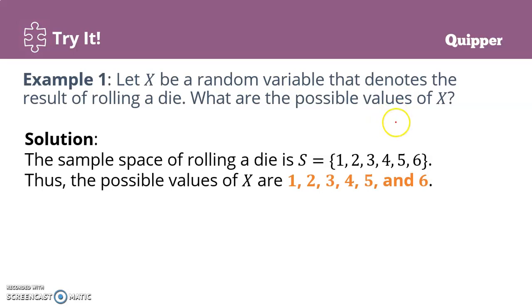Have you seen like yung isang face niya, isang dot. So that's 1. Yung another face would be yung 2 dots. That's 2. Another face would be 3 dots, 3, and so on hanggang 6 dots. Okay? Sometimes yung die naman, nakasulat talaga yung number 1, 2, 3, 4, 5, 6. Okay, that's a cube, no? Cube. Thus, the possible values of X are 1, 2, 3, 4, 5, and 6.